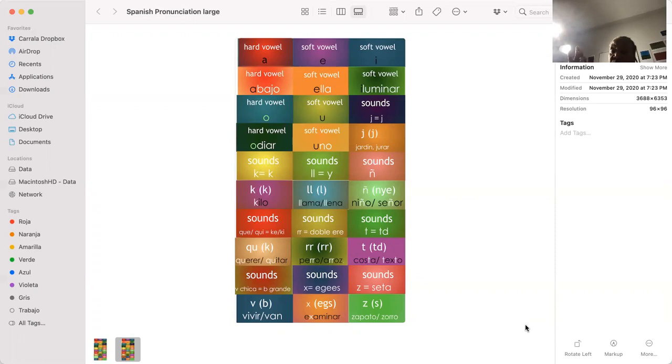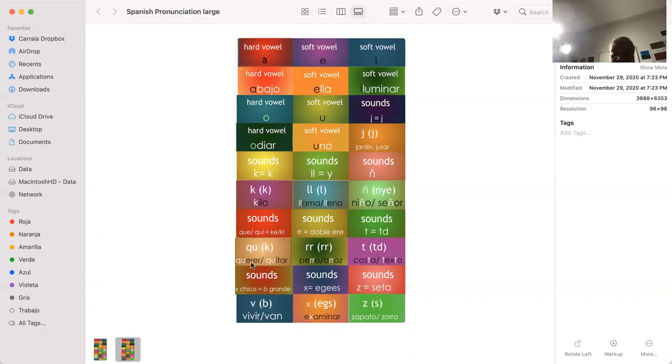So QUE is ke, QUI is ki. So an example would be, look right under, this is the QUE, this is the QUI, and it's the K sound.